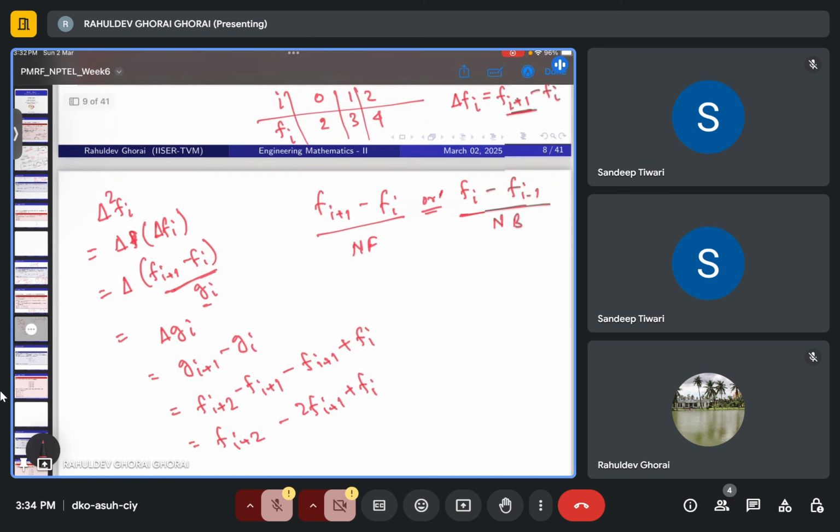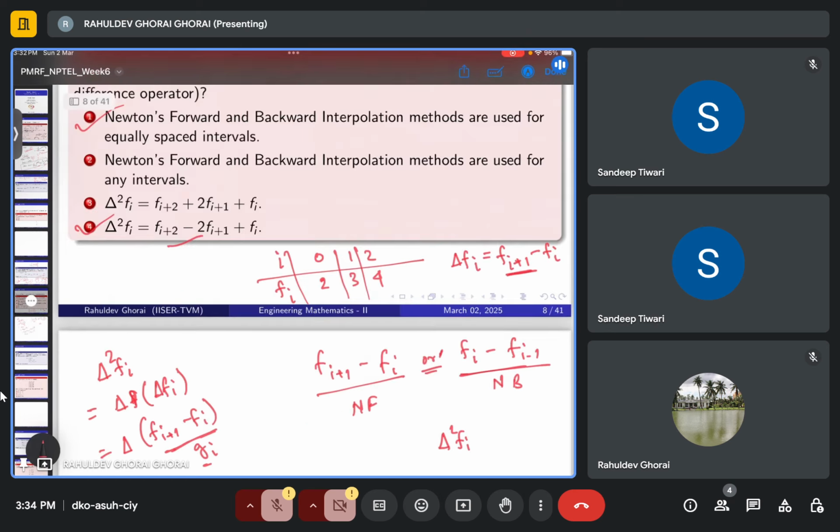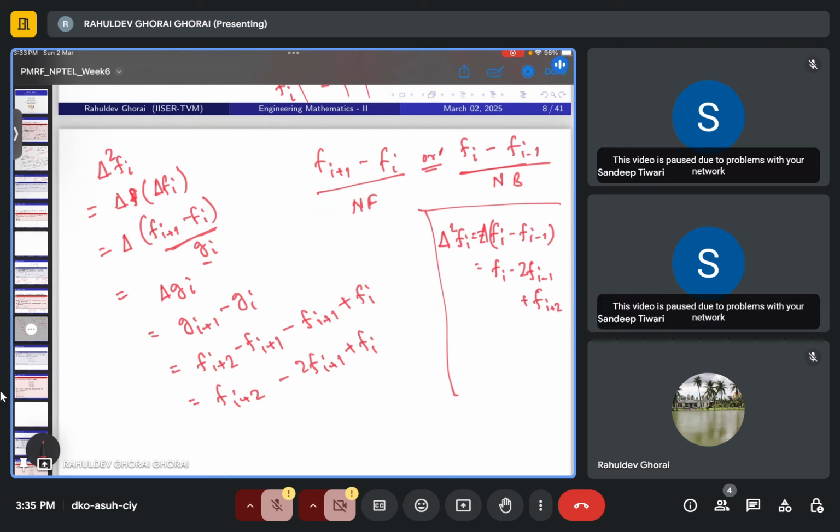So you will see, if del to phi is backward, then what will it be? You might see this will be the first one, or it might be something else, you can check it. In the case of phi minus phi minus 1, del of that will be phi minus 2, I guess.